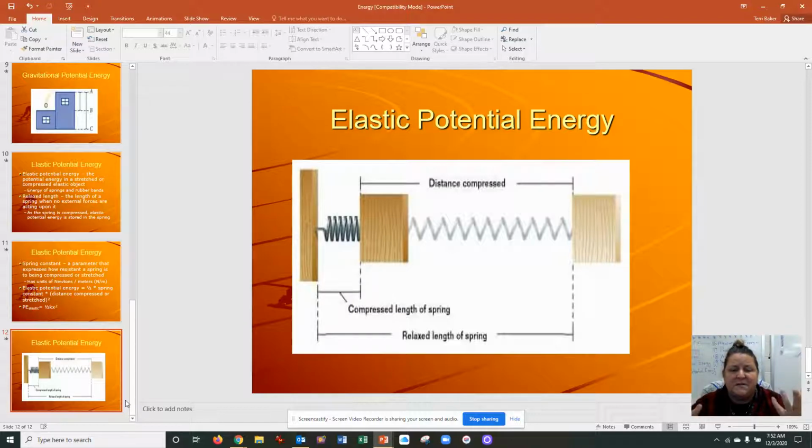Gravitational is the potential energy based on how high something is located off the ground. Elastic potential has to do with stretchy things, and it's how much an object is compressed or stretched. And then we have the kinetic energy, which is the energy of any object that's actually moving.